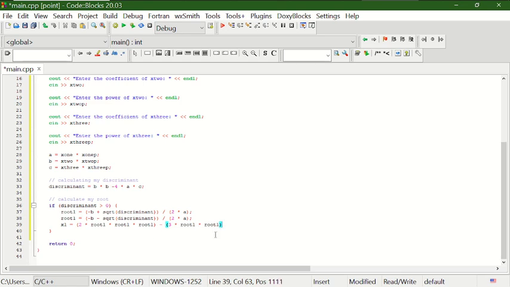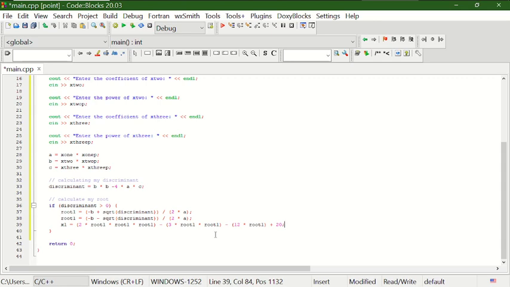So we close that, then we have minus in brackets, we have the 12 times root 1, then we have plus 20, which was the constant that we had, right?